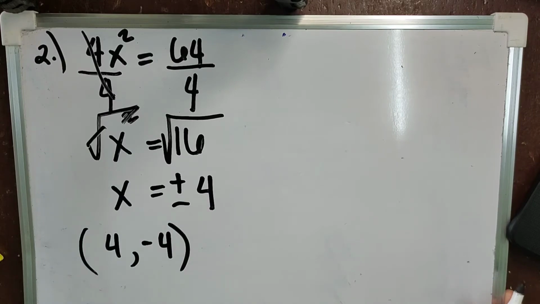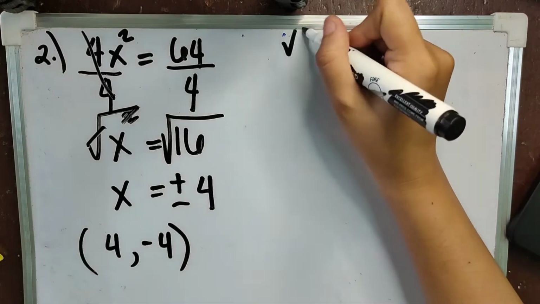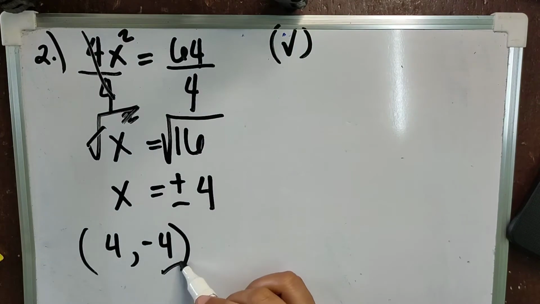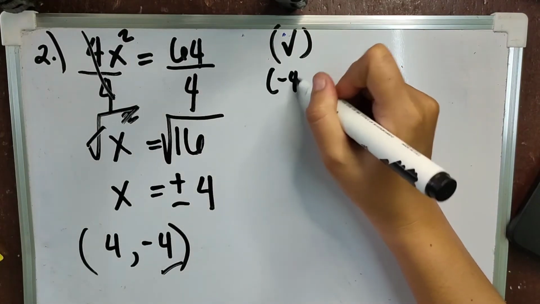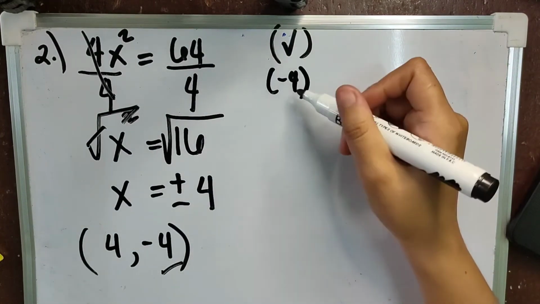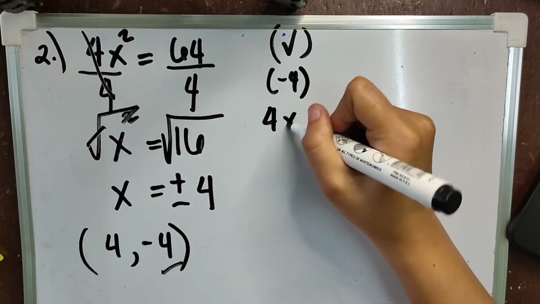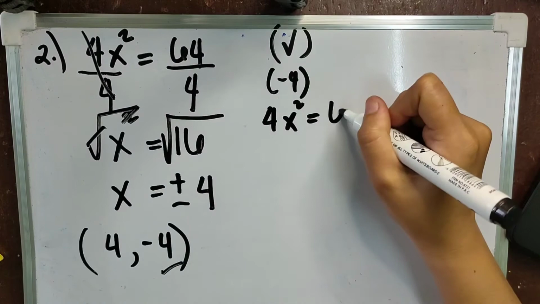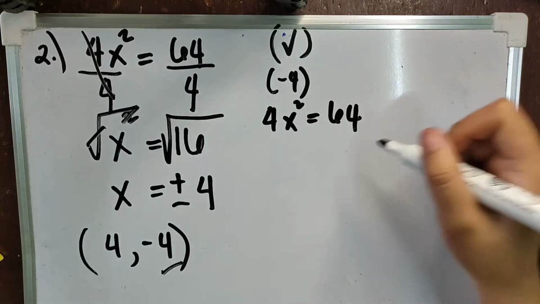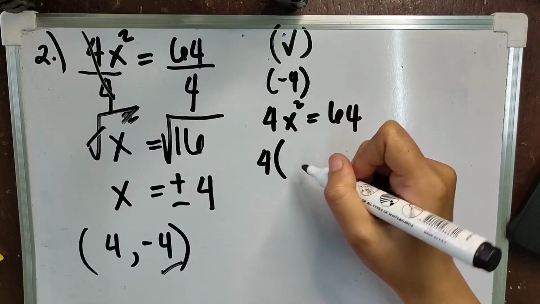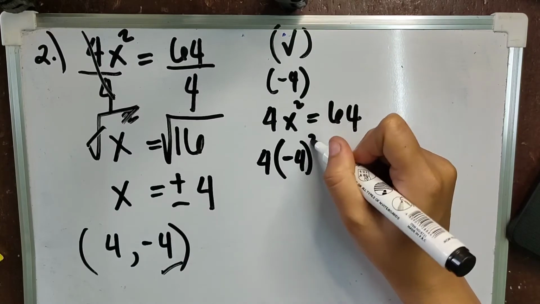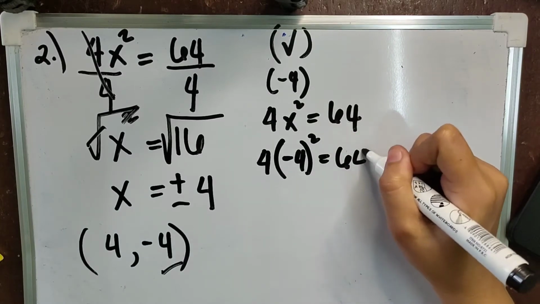Okay, again, to check if our answer is correct, let's have negative 4. So we are going to substitute negative 4 into our original equation. We have 4x squared equals 64. 4 times negative 4 squared equals 64.